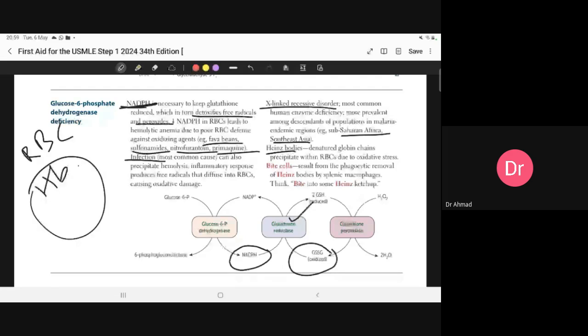The globin chains precipitate in response to this oxidative damage, and this leads to precipitation of these hemoglobin bodies, and on histopathology you can see these Heinz bodies. You must have seen some UWorld questions in which they have given you good pictures. Remember them, keep them in mind. Sometimes they just give you the histology in the question.